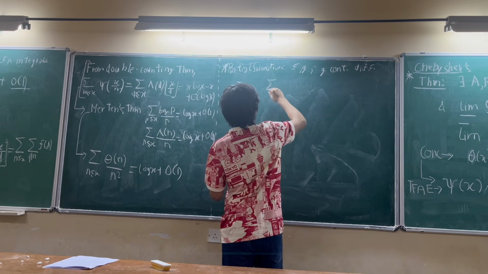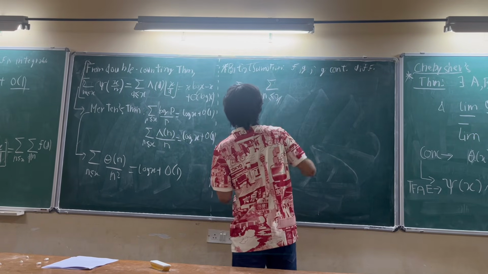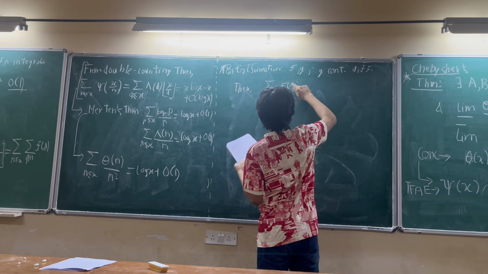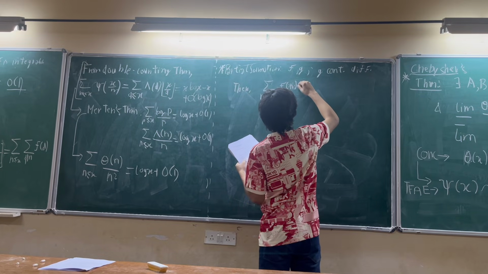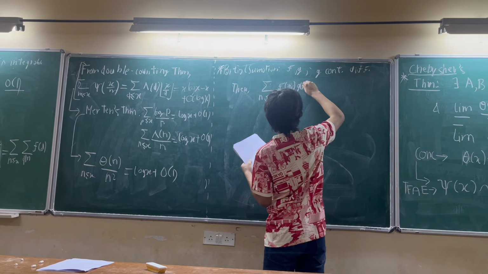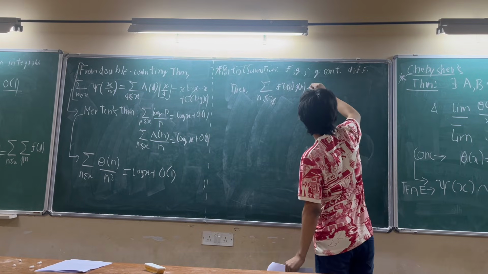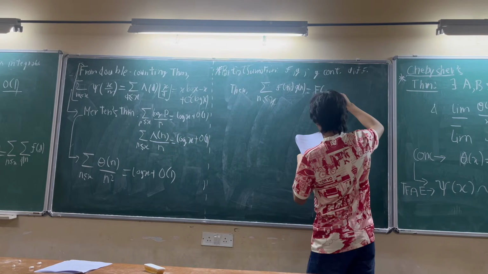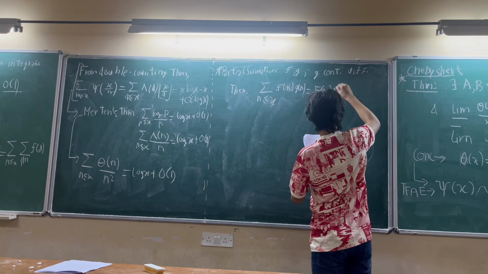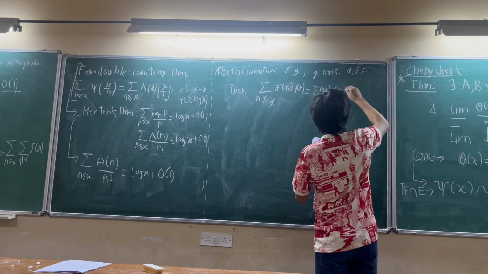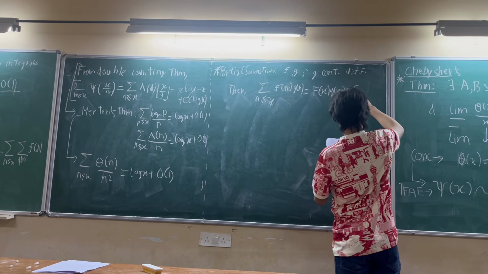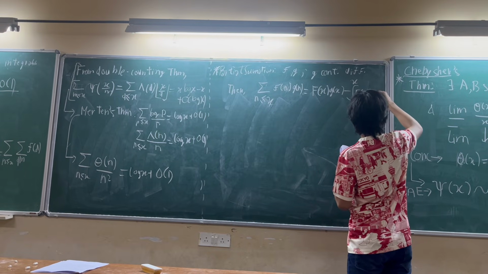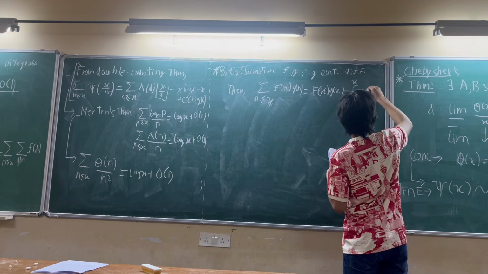summation n less than equal to x, where n is an integer, we evaluate f(n) times g(n), then this sum is in fact equal to some capital F, which we define in a moment: capital F(x) g(x) minus the integral from 1 to x, capital F(t) g'(t) dt.